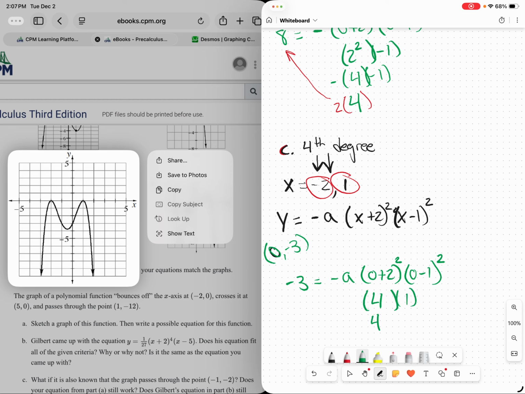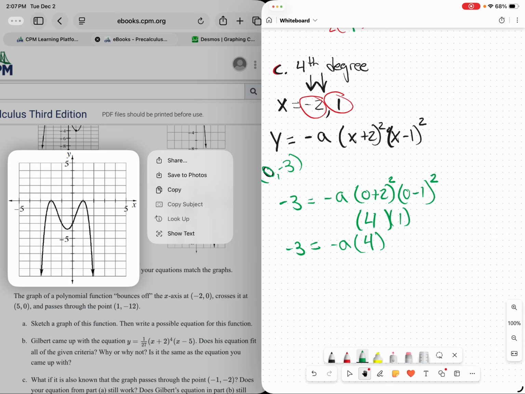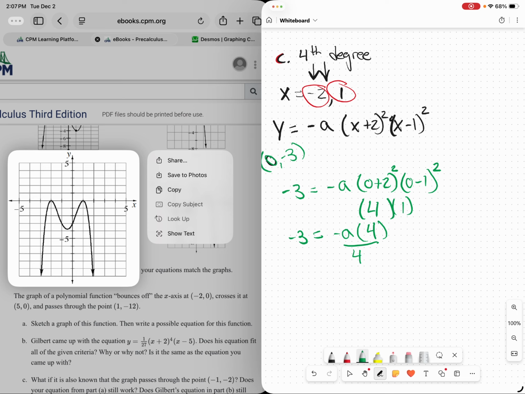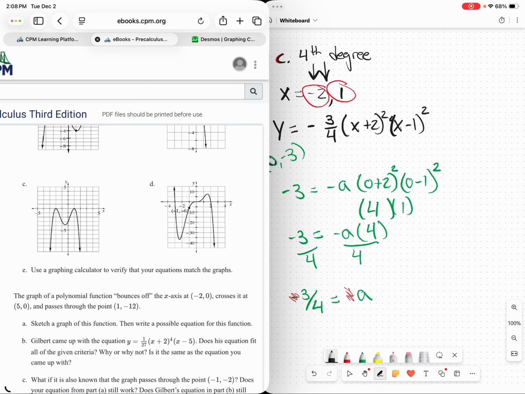So I have 4 times negative a equals negative 3. Again, we're just solving now. So divide by 4, and I get negative 3/4 equals negative a. So the a value is actually 3/4, right? The negatives go away. And I can come back up here, and I can now say, oh, okay, that a value is 3/4 to get me that equation.